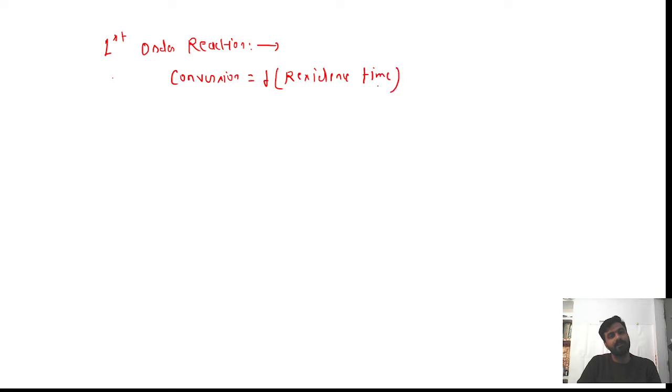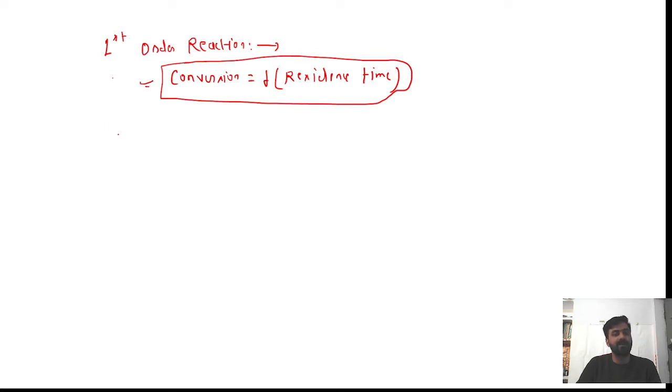Are you getting it? But when we talk about other order reactions, like zeroth order, second order, and third order reactions, RTD alone is not sufficient to determine the conversion of the reactor.